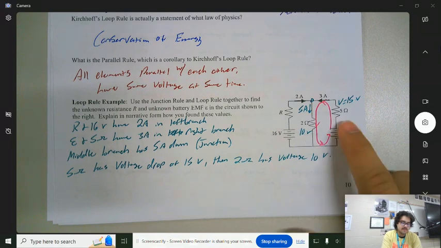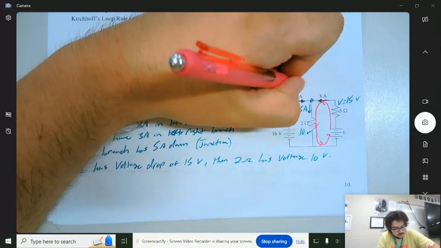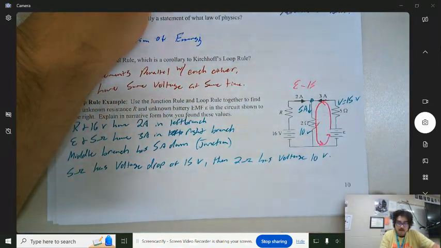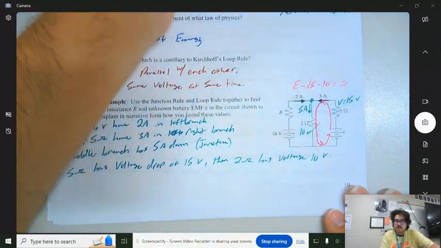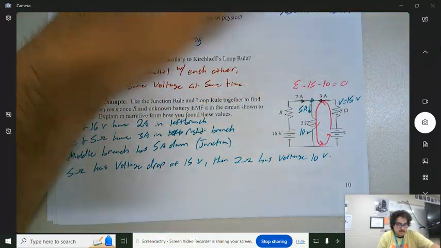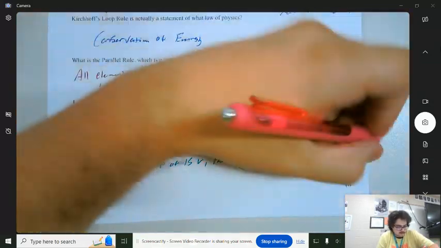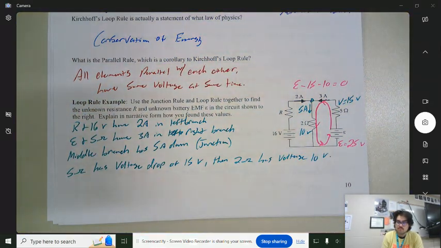So this essentially gives us an equation: epsilon minus the 15 volts from the first resistor minus the 10 volts from the second resistor needs to end up being 0. Well, then what's epsilon got to be? Epsilon has got to be 25 volts.